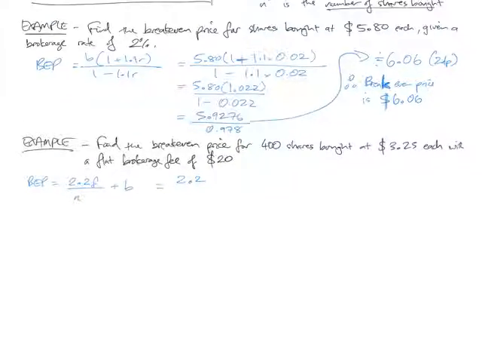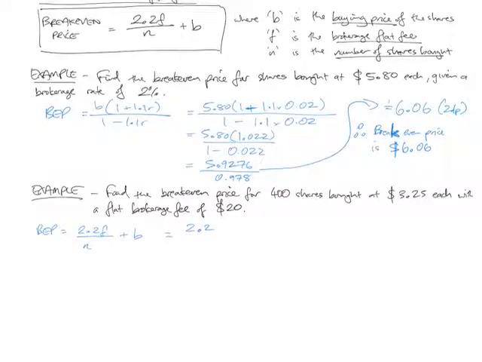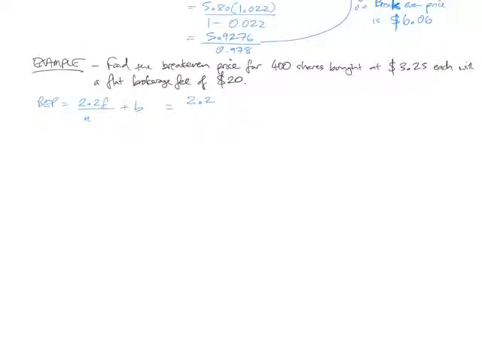Just double check what F stands for: it's the brokerage flat fee. So it's going to be 2.2 times 20 divided by N, which is the number of shares bought, 400, plus B, which is the buying price, $3.25.